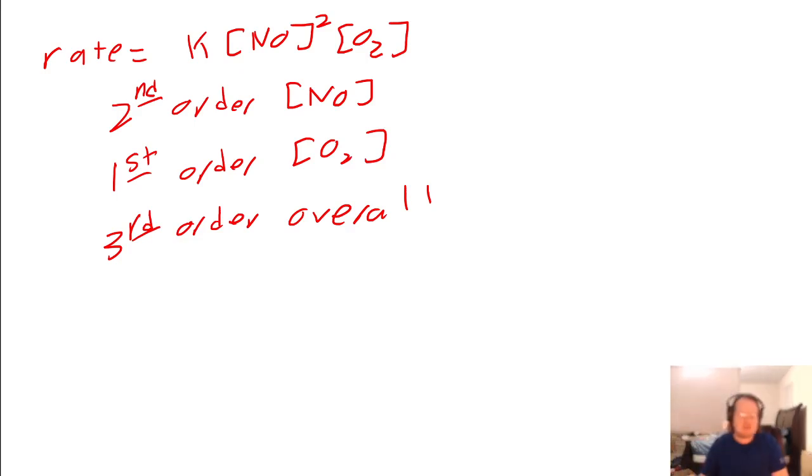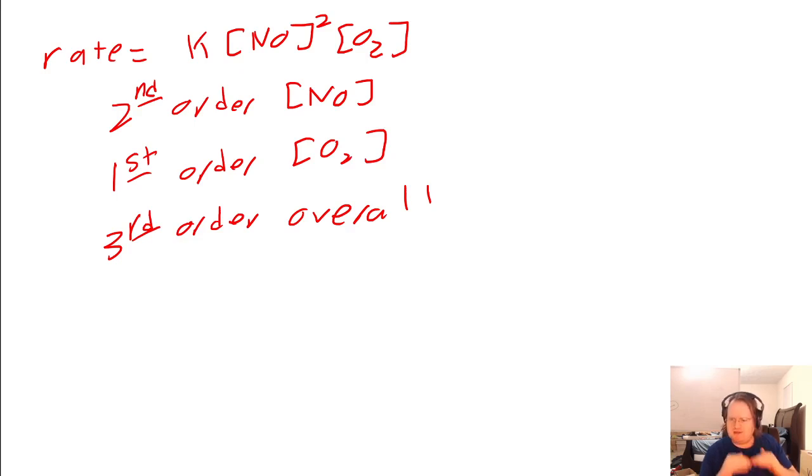Now, that doesn't mean you won't have reactions that might involve 4 or 5 molecules overall, but usually those reactions occur in multiple steps. So overall, yes, your reaction might have 5 reactants being involved, but if you look at the chemistry happening, it is probably broken down into sub-steps where any one step only involves 2 or 3 of the molecules at most.